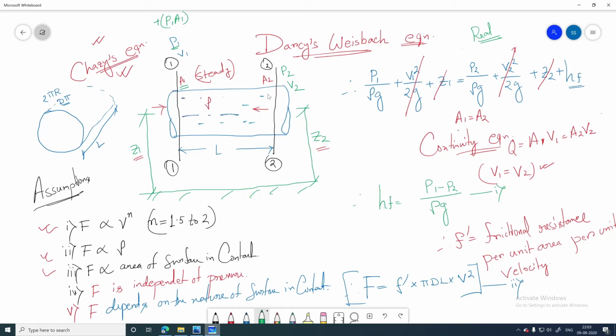At section 2-2, it is acting in the opposite direction, so it is negative, and the value is P2 into A2. Another force is F, the frictional resistance force, which also acts in the opposite direction of the flowing fluid, so it is also negative, and the value of F is this one. So let's put all the values.